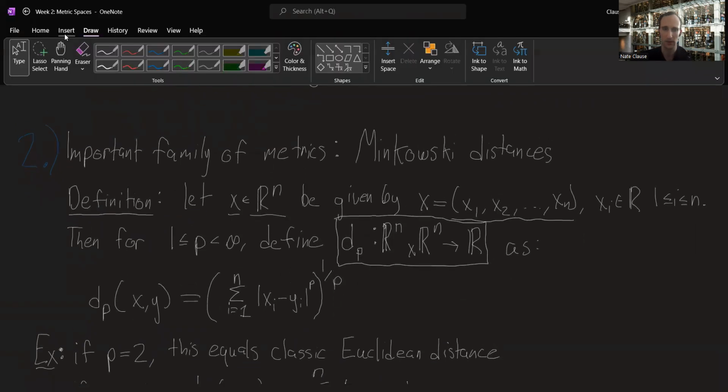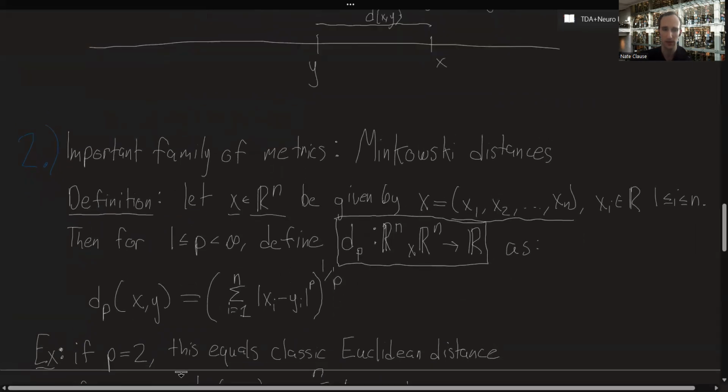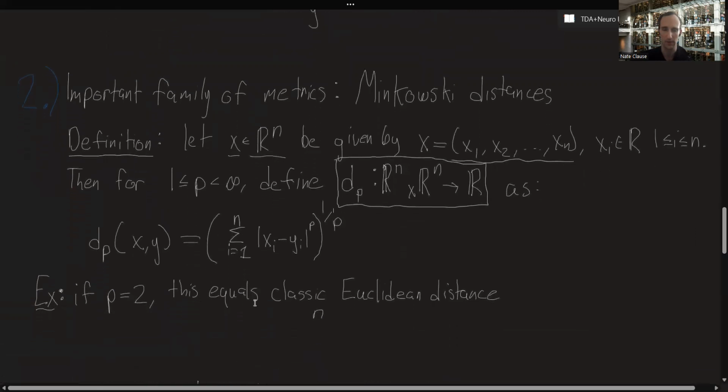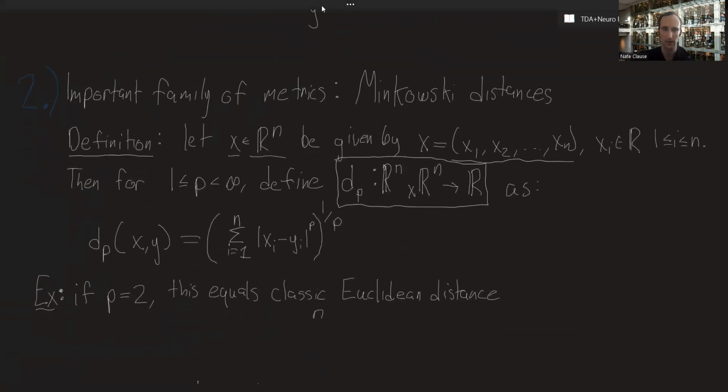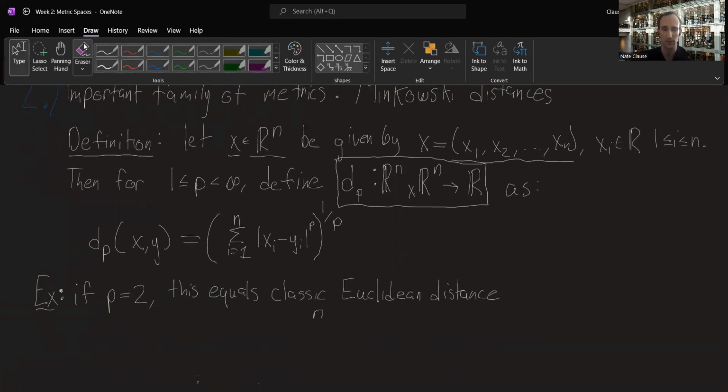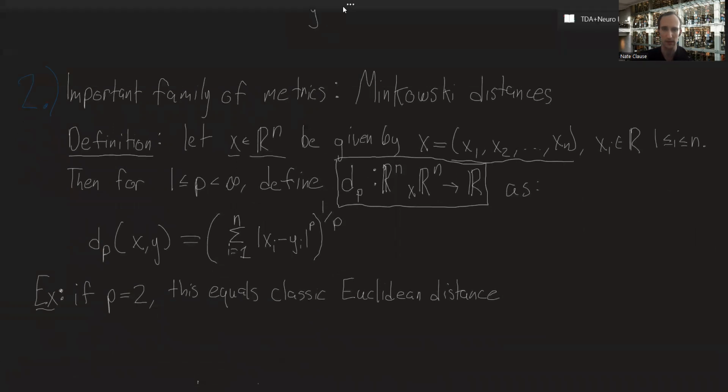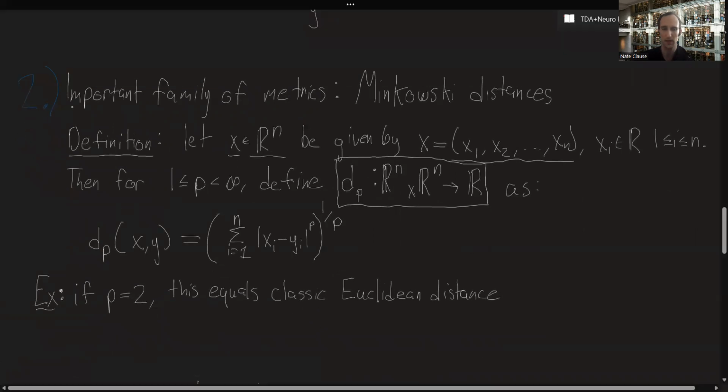So some common examples here. The first one is that if p equals 2, then this is the classic Euclidean distance. Recall, I think this is something learned in middle or high school geometry.